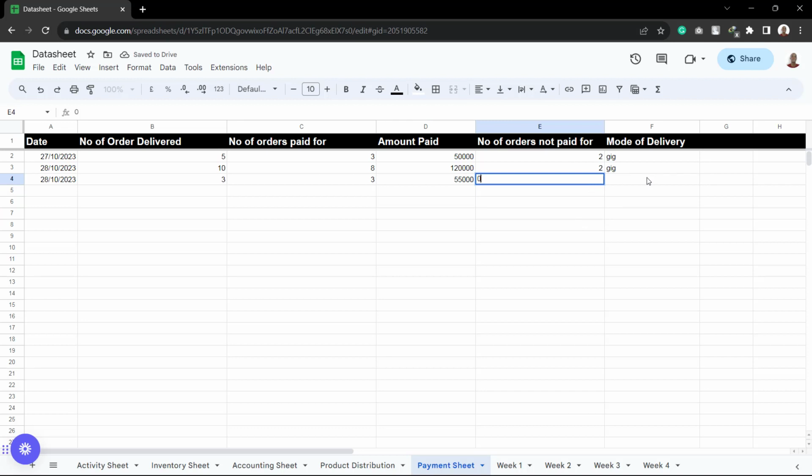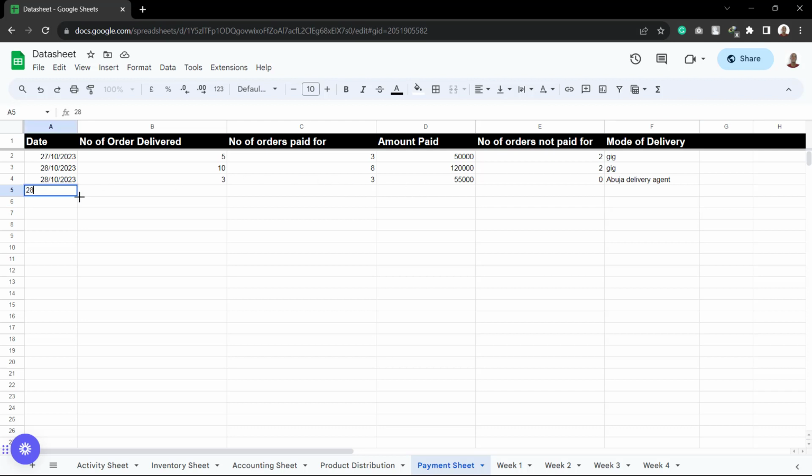It is 0. And the mode of delivery, let's say, is Abuja delivery agent. Basically, the mode of delivery has to be the same. If our Abuja and our Lagos agents both deliver, we will not match them here. We have to do it separately, even if it's the same day.